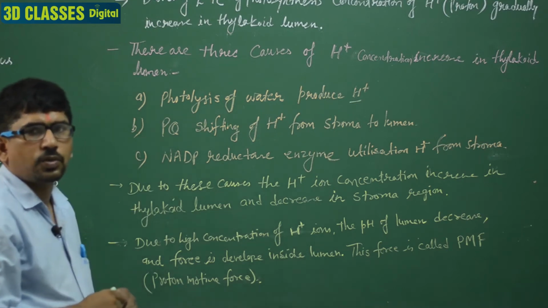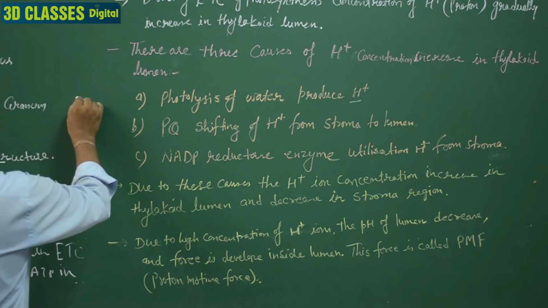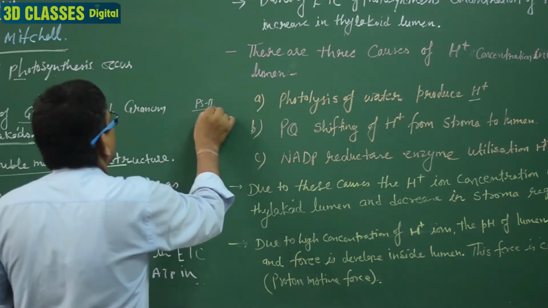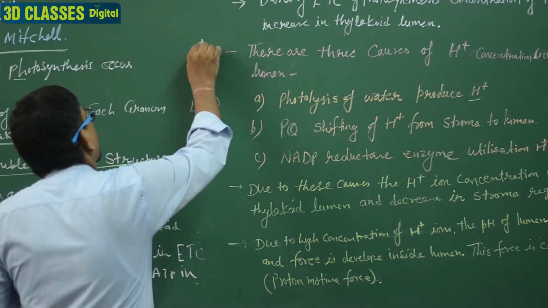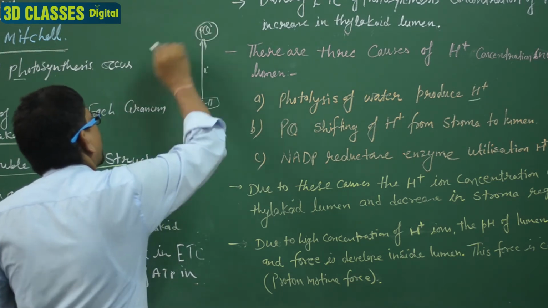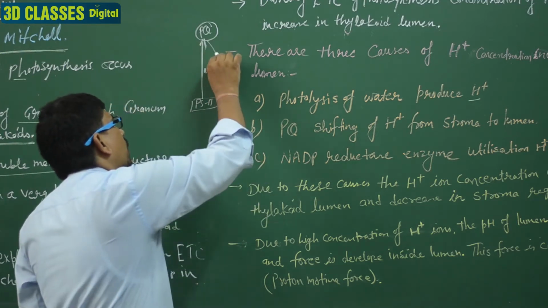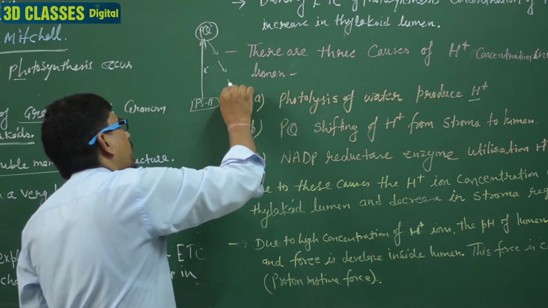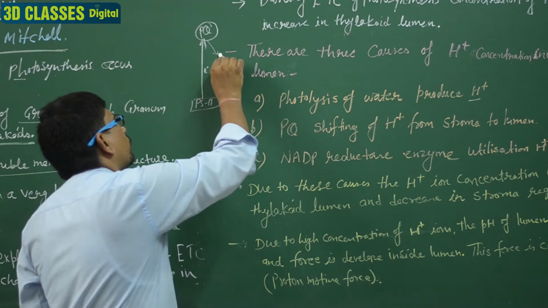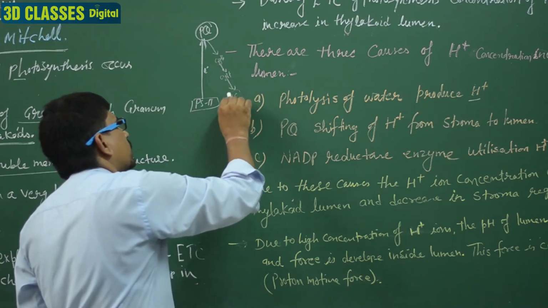PQ, plastoquinone. We have discussed that in PS II the electrons are released and accepted by PQ. The first acceptor is PQ, and the electrons again move to cytochrome b6, cytochrome f, and then PC.